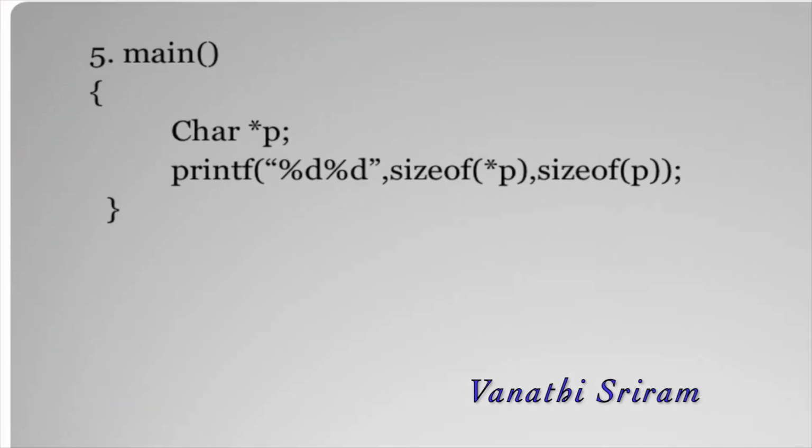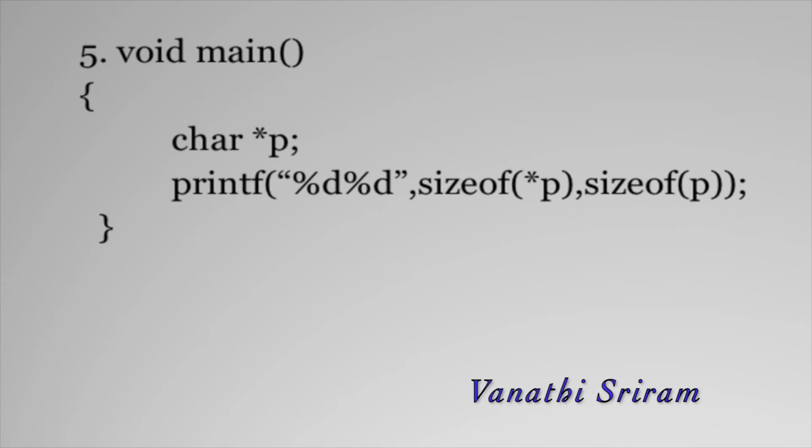Here, a character variable is used, that is, char star p indicates that p is a pointer variable which is going to hold the address of another character variable. It is not going to hold the value, whereas it will hold the address of another character variable.